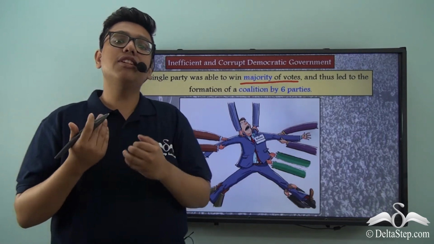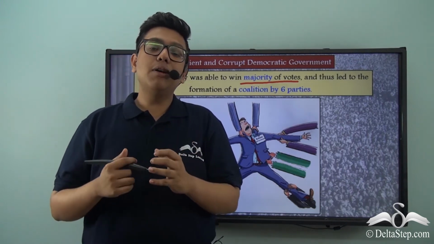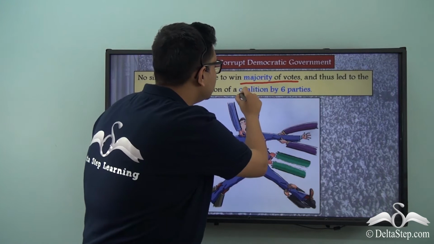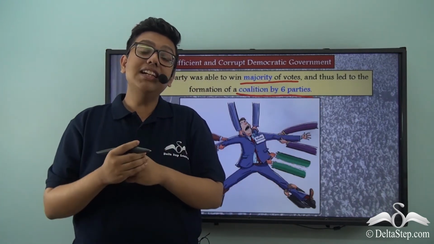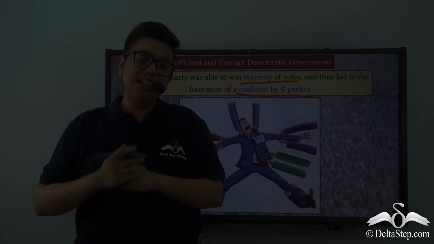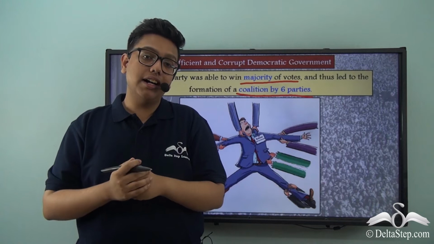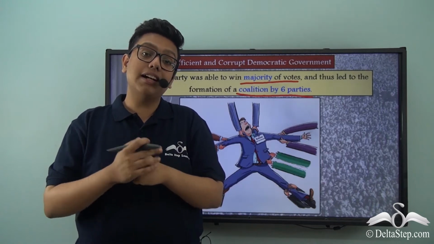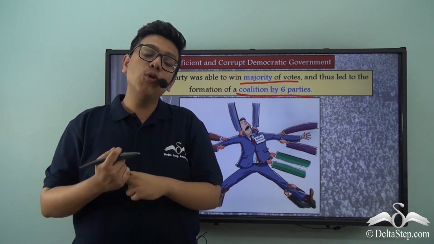Finally, a solution was reached where the six major parties of Italy were able to form a coalition government, where all the six parties come together, and only then could they form the majority. Therefore, when the government was finally created, it was not led by one party, but by six different parties having their own ambitions, own ideologies, and own processes.